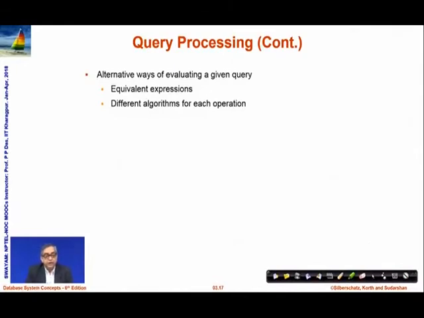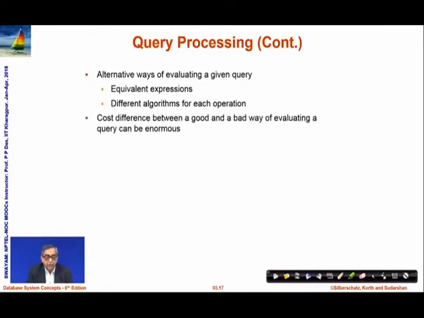So, when we do this, we need to look at alternative ways of evaluating a query. There could be different ways to write the same thing. These are called equivalent expressions, and what are the good algorithms for doing each and every operation. There is a cost between good and bad ways of evaluating.